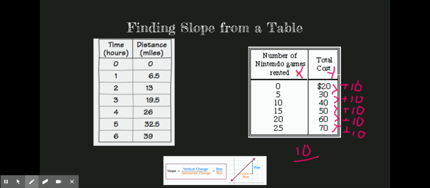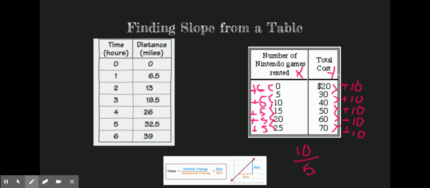What is my change in x? Well, I went from 0 to 5, which is plus 5, then 5 to 10, which is plus 5. Oops, sorry. And then 10 to 15 is plus 5, 15 to 20 is plus 5, and 20 to 25 is plus 5. So I know that I have a plus 5.